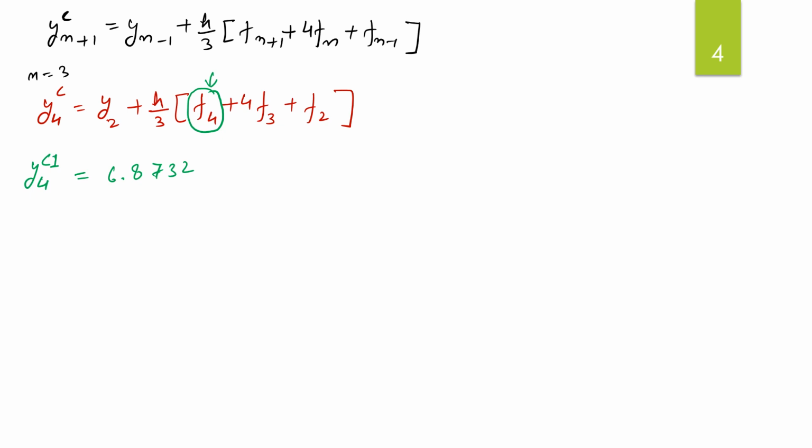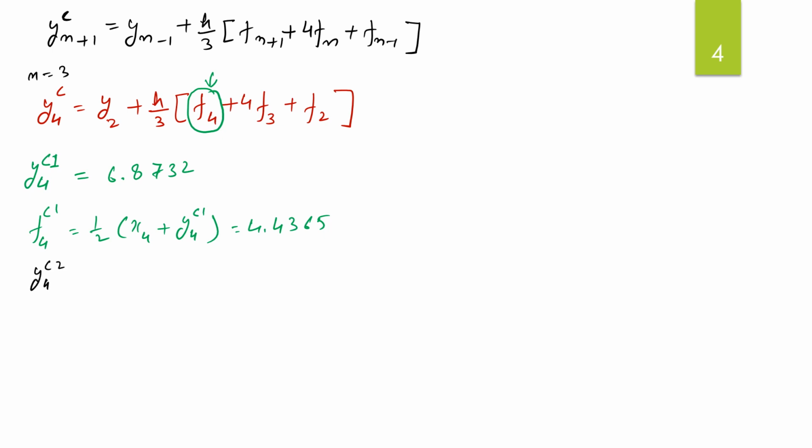But we don't know up to how many decimal places it is correct. So we use the corrector formula again, but before using it, we have to find the value of f4 for the first corrected value, that is 1 by 2 x4 plus y4 at C1. After calculating it, we will get 4.4365.